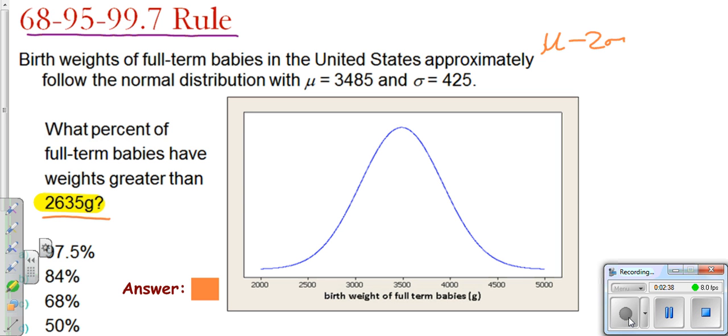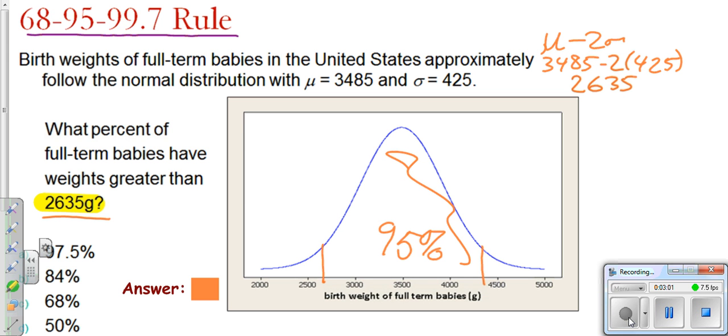So if we take our 3,485 and subtract 2 of our standard deviations, we get our 2,635. Well, if you are within 2 standard deviations of the mean, you know that that's 95% of your data.